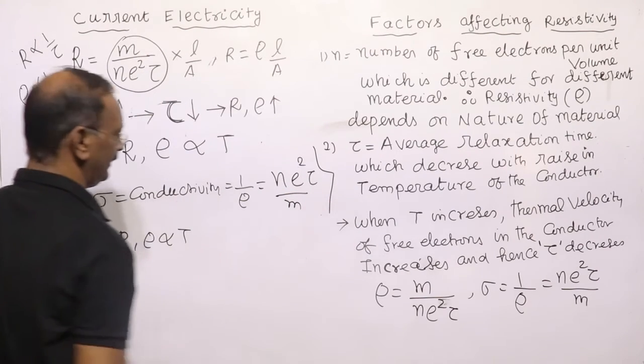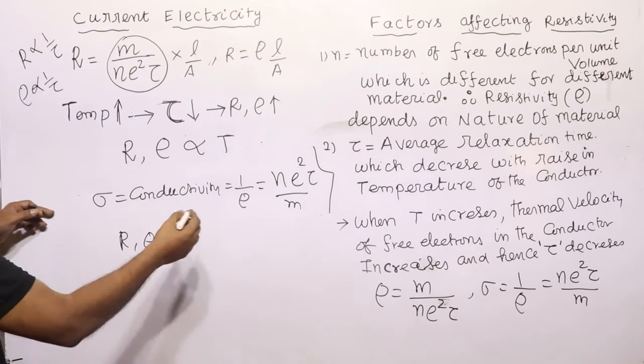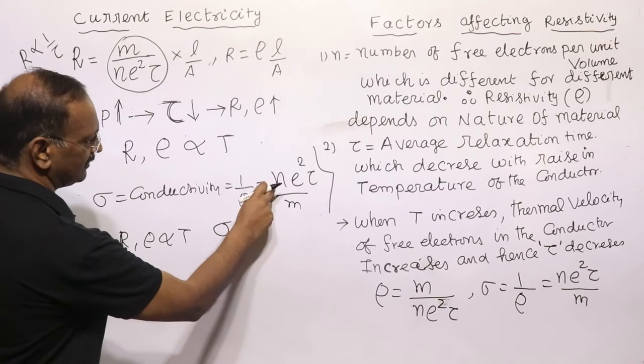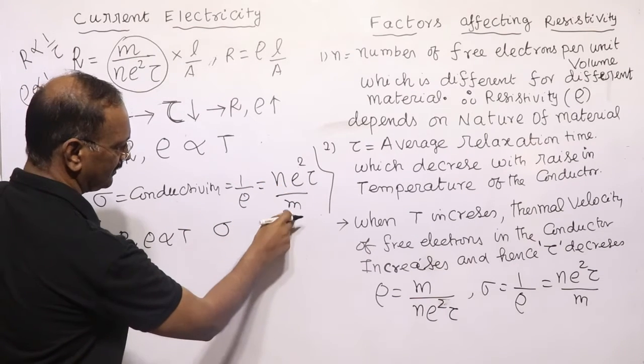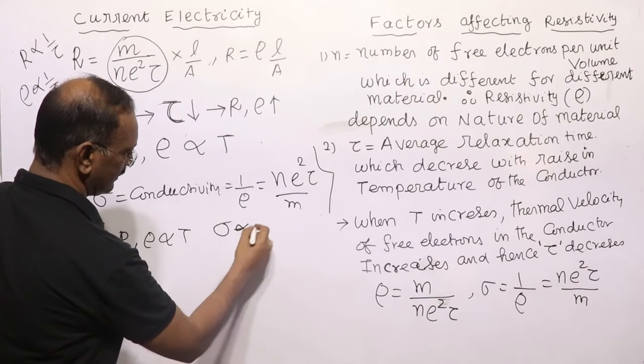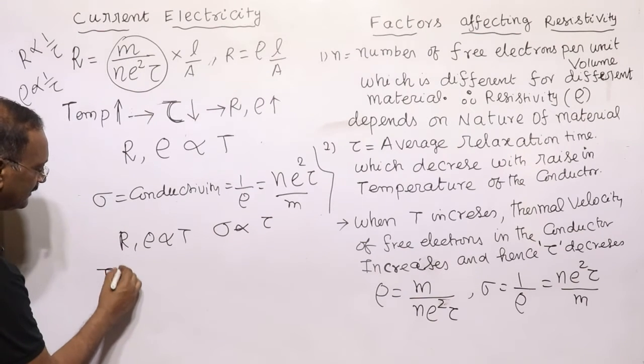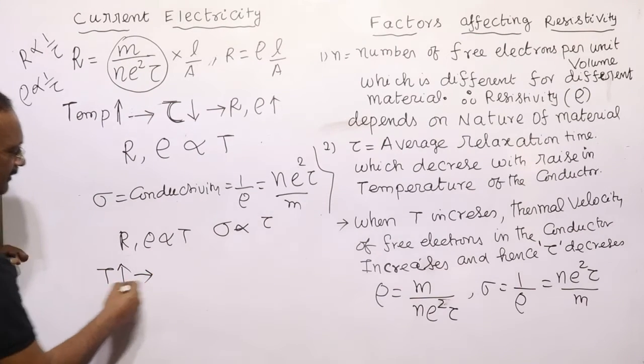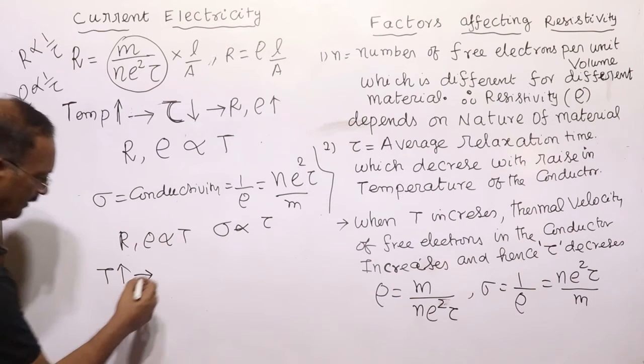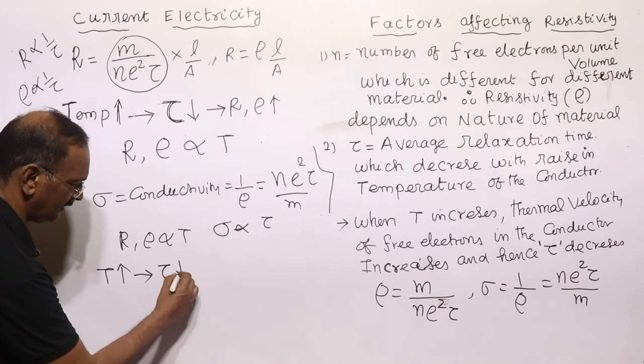Here the number of electrons, charge of electron and mass of electron are constant, so conductivity is directly proportional to tau. When temperature is increasing, the relaxation time will decrease.